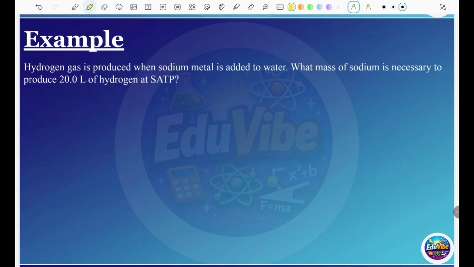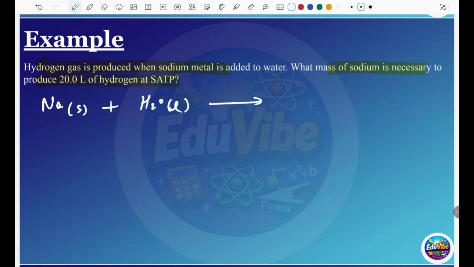So the first question says hydrogen gas is produced when sodium metal is added to water. What mass of sodium is necessary to produce 20.0 liters of hydrogen at SATP? So basically, sodium plus water will make what?